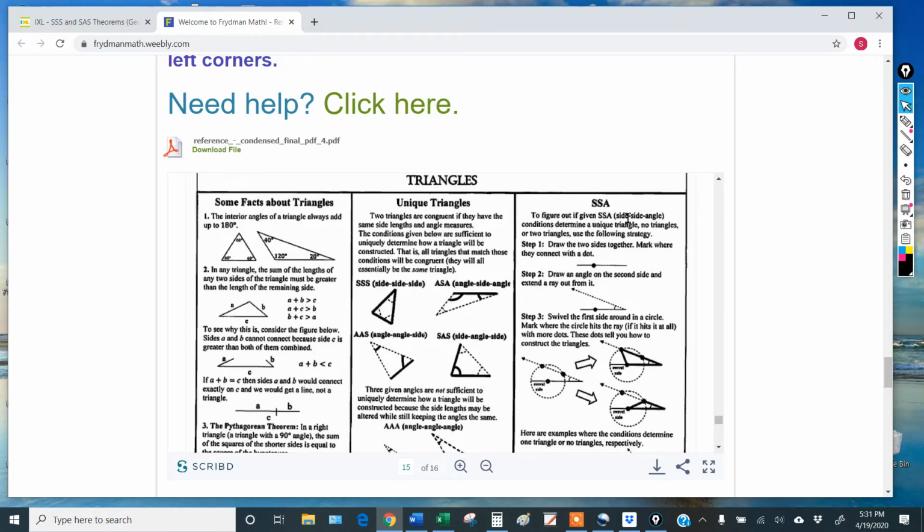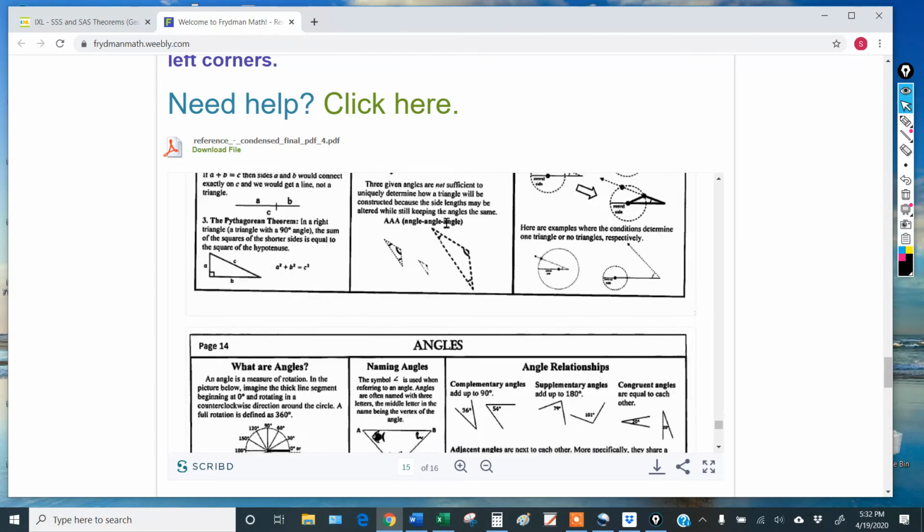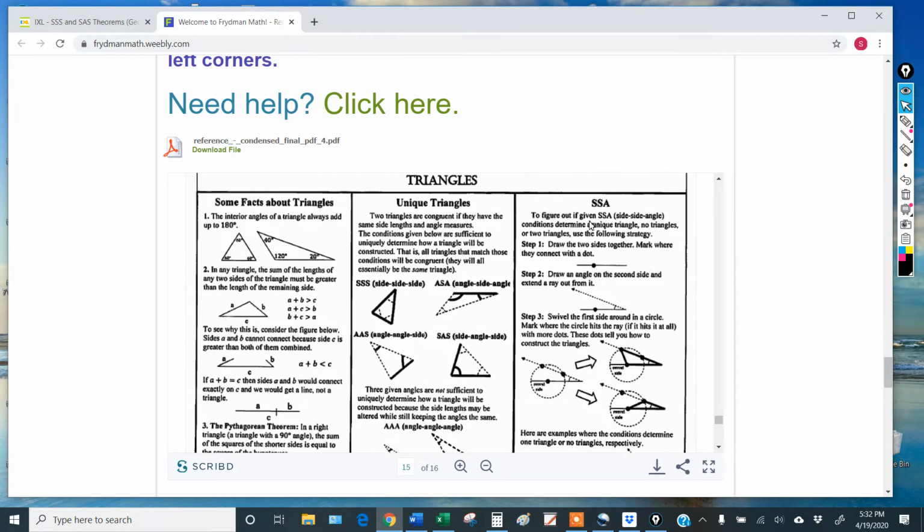With SSA, generally speaking, it's like AAA, where if we see SSA conditions, we don't necessarily know that the triangles are congruent. It might be that we can make a different triangle with the same SSA conditions.